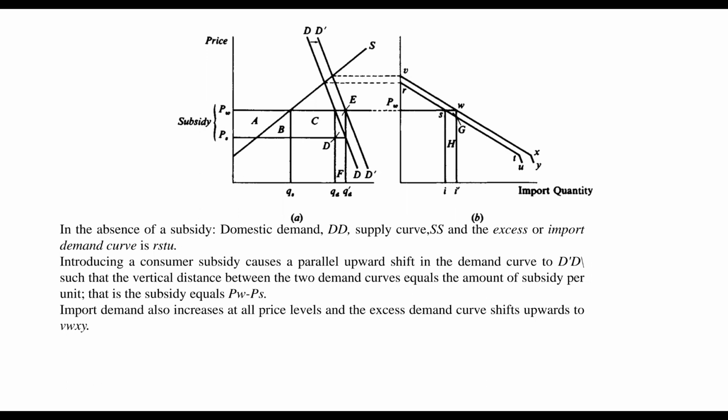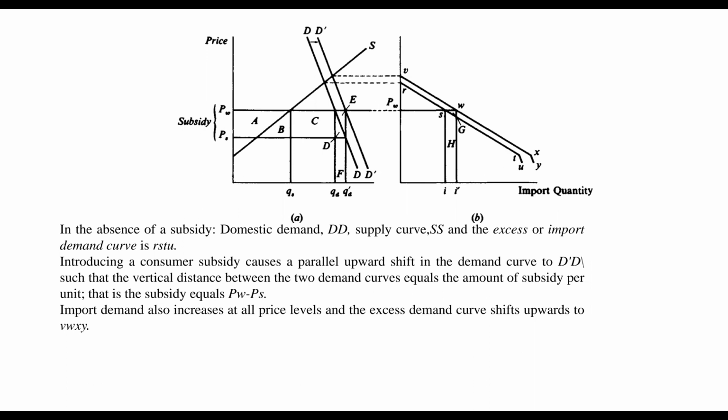That subsidy is equal to PW minus PS. This is the vertical distance between the two demand curves, and it equals the subsidy per unit.